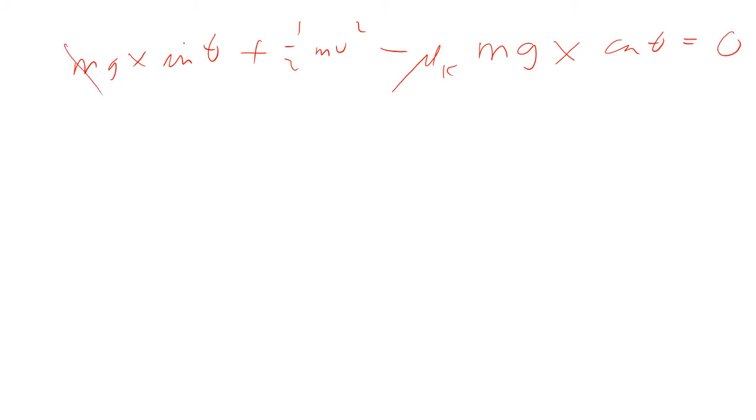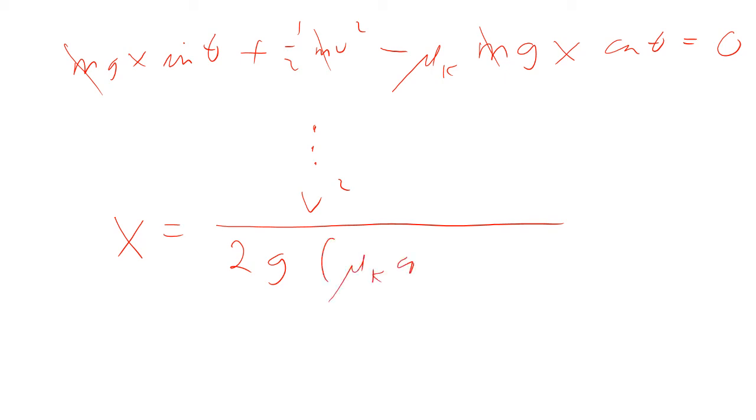The m's all cancel. We do a little bit of algebra here and solve for x. And so x turns out to be v squared over 2g times the quantity mu sub k cosine theta minus sine theta.